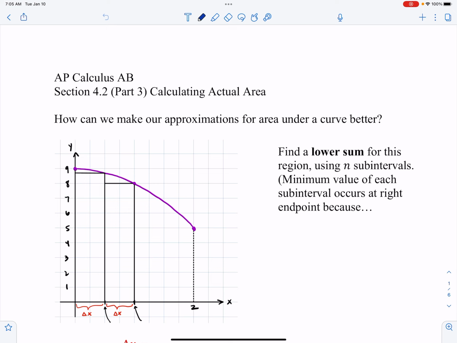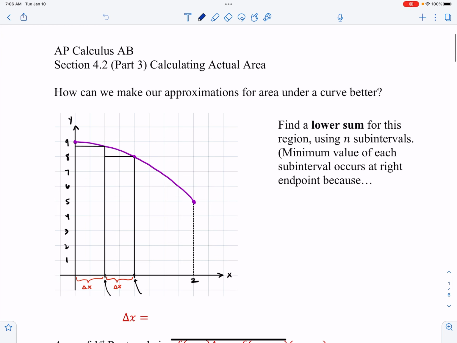If we keep dividing up the interval over which we're calculating the area into more rectangles, that's going to give us a better approximation. If we're creating more and more rectangles, that seems like the idea of a limit, and that's exactly where we're going.